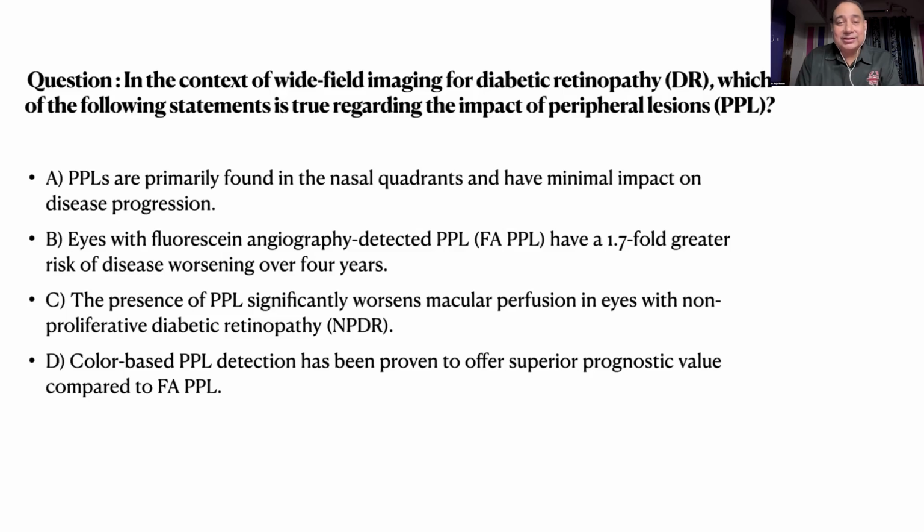The eyes with FA detected PPL have 1.7-fold increased risk of disease worsening in 4 years. The presence of PPL significantly worsens the macular perfusion with non-proliferative diabetic retinopathy. Color fundus based PPL detection has been proven to be of superior prognostic value as compared to FA PPL. You have to give the correct answer.